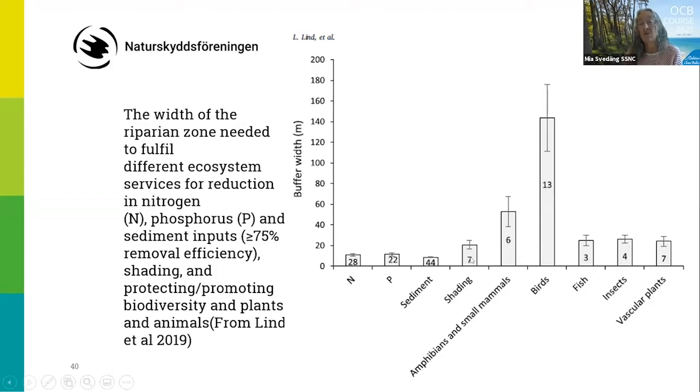Shading needs a bit more, and if you want to benefit amphibians and small mammals, it has to be even bigger, and birds need an even bigger zone, and fish quite a big one. So different widths of the buffer zone will be needed depending on what you are going to protect or what you want to achieve with the zone.